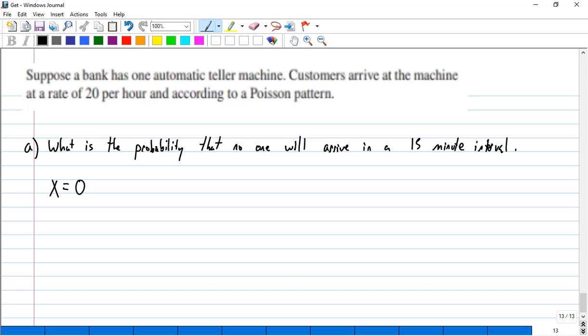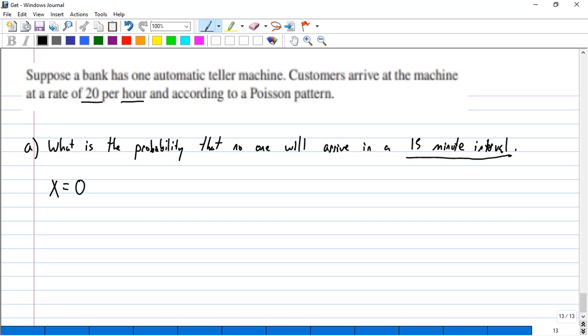Now, we know that on average, 20 arrive per hour. So, on average, how many arrive in that same period of time, this 15-minute interval? We're going to have to use some common sense.